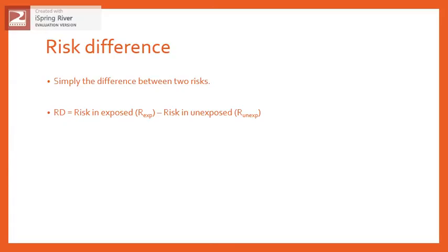It's just the difference between 2 risks. So it's abbreviated RD, and it can be calculated as risk in exposed group minus risk in unexposed. So for instance, you would say the risk of some outcome, any outcome, is a certain percentage in the exposed and a certain percentage in the unexposed.